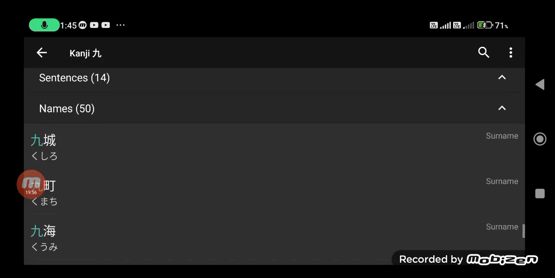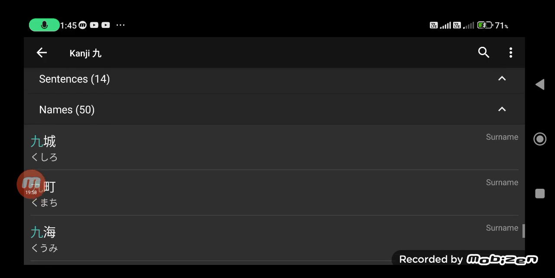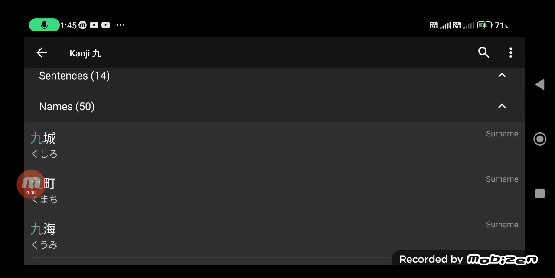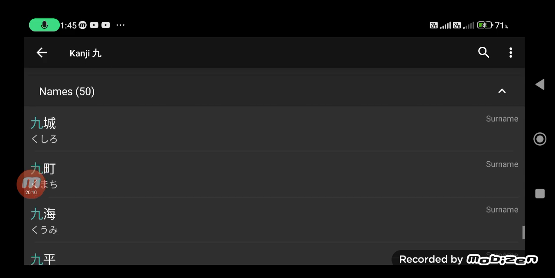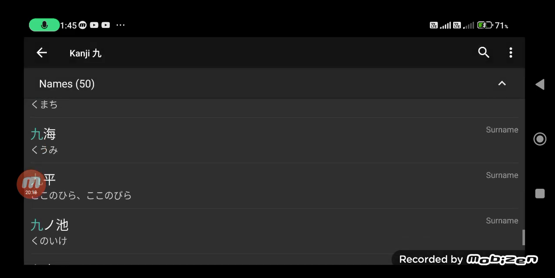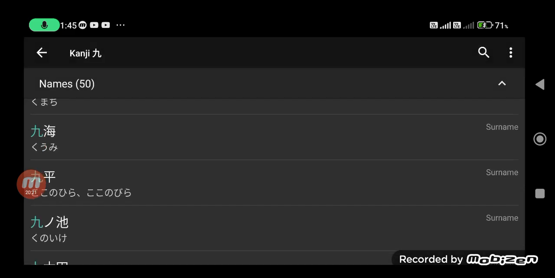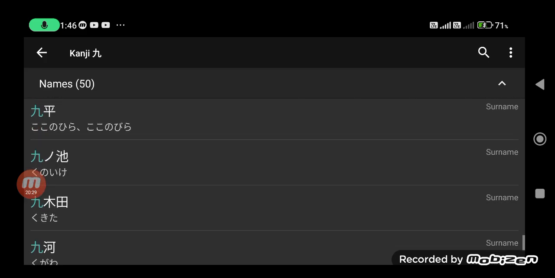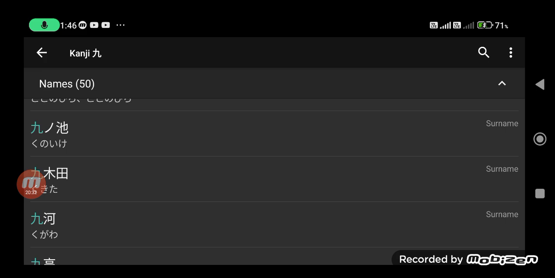Okay, let's discuss names. As you know, in Japan, proper nouns like names use kanji, so you really have to study kanji. Let's talk about names. Say Kushiro, Mr. Kushiro, 釧路, or Komachi, Mr. Komachi, 熊地, or this seems like a girl's name, Kumi, 空海, or another surname, Kunoike.